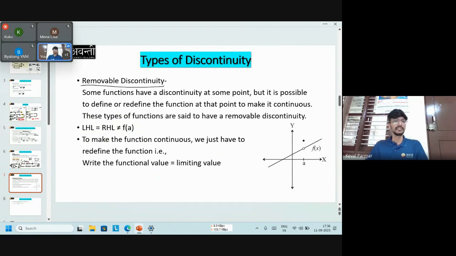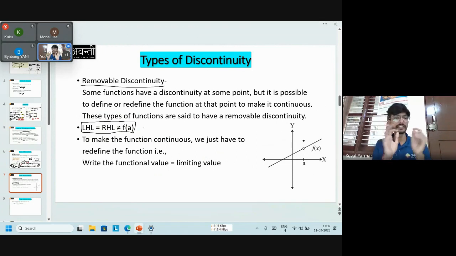Mathematically, the left hand limit equals the right hand limit, so the limit exists, but it is not equal to the functional value. In such a case, the discontinuity is removable. As the name suggests, we can remove the discontinuity by redefining the function.